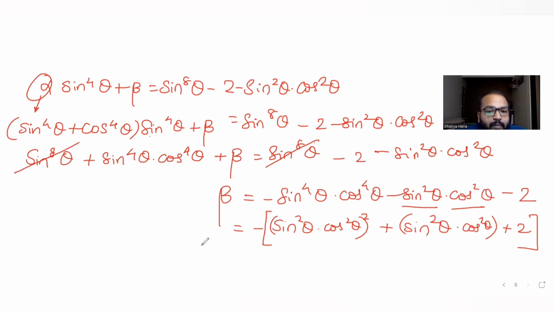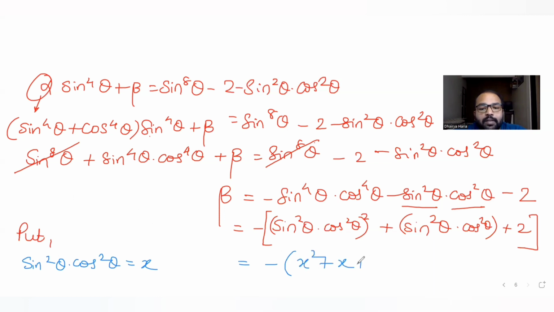Now I'll put this product of sine square theta and cos square theta as some variable, let's say x. So beta becomes minus of x square plus x plus 2, where x was sine square theta into cos square theta.